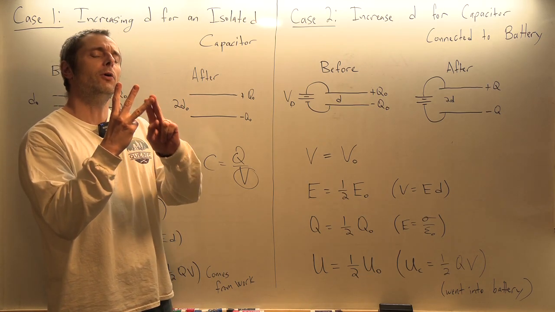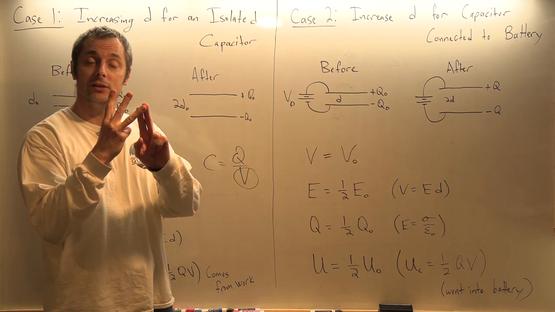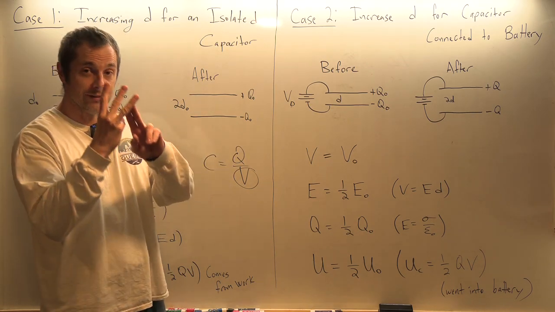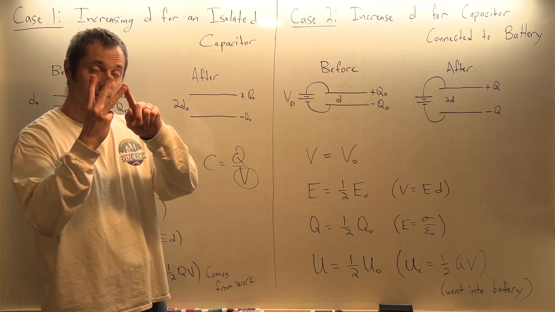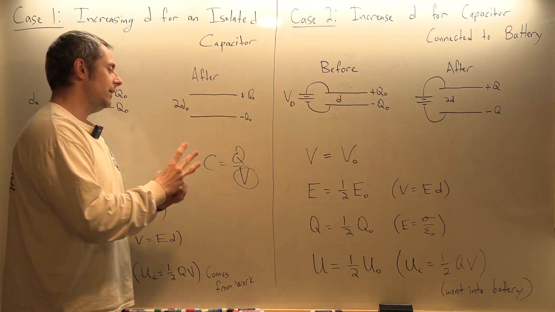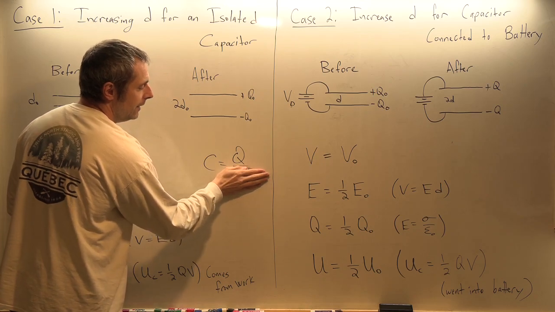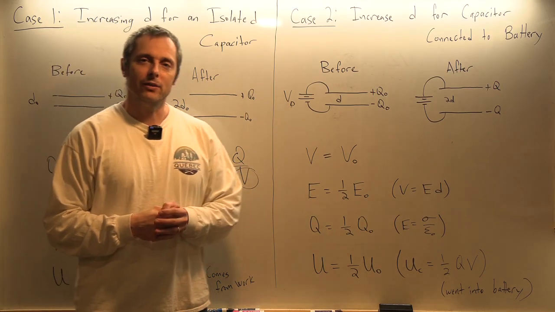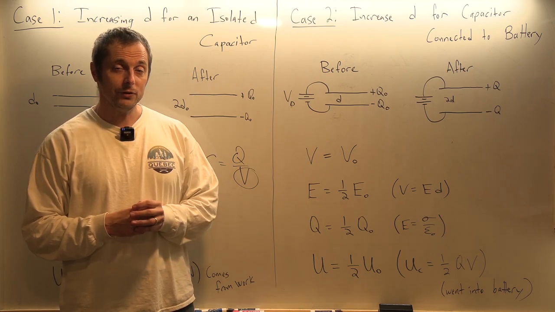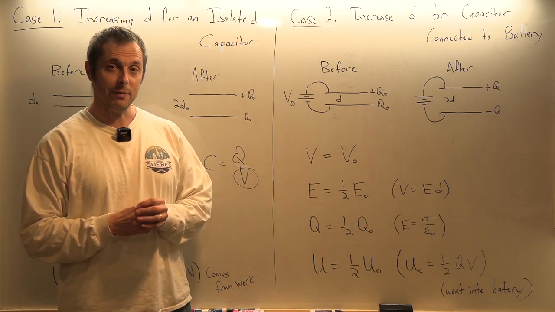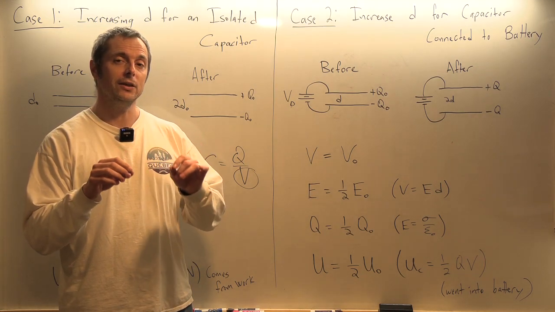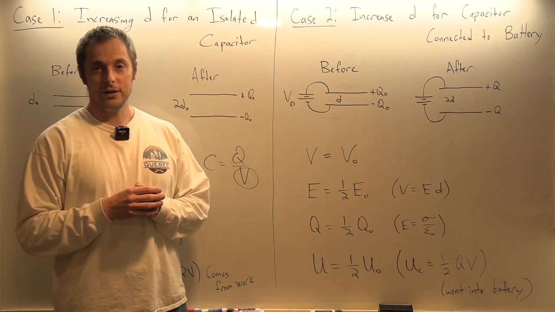Then you derive voltage using integration, or in this case, just E times D, integrating the electric field. And then finally, you substitute that voltage expression right here and simplify the formula, and you'll have the formula for the capacitance of that particular geometry. That's the thing you want to focus on when you're studying these notes.